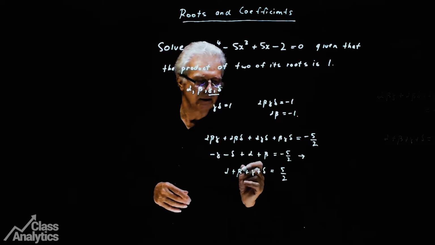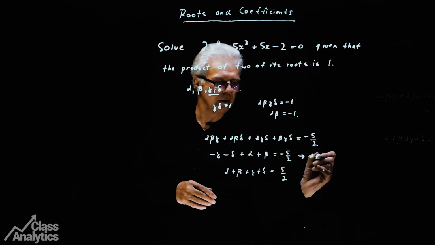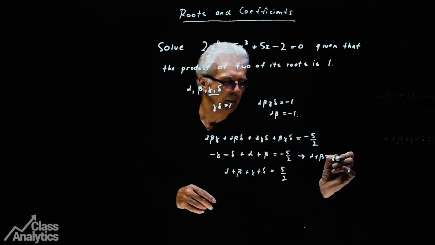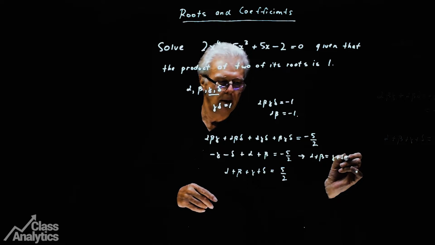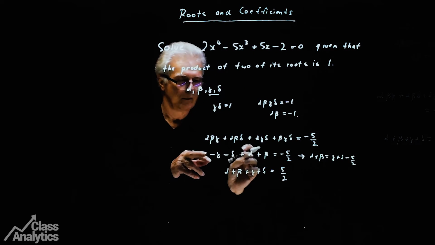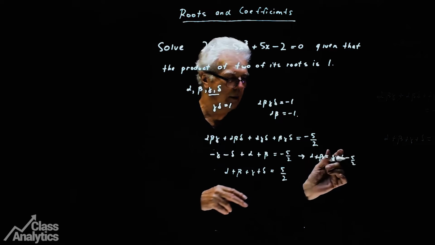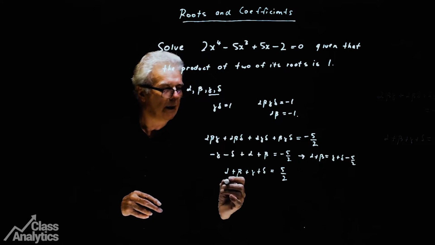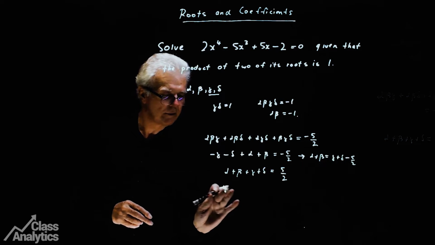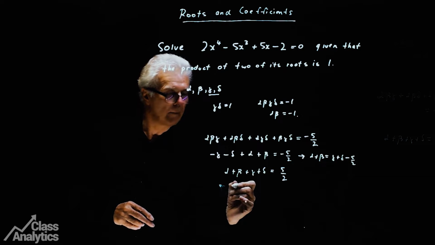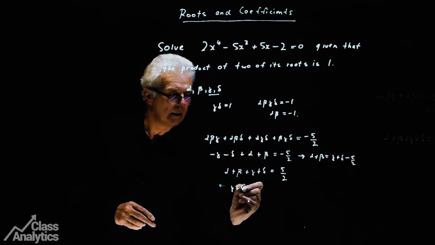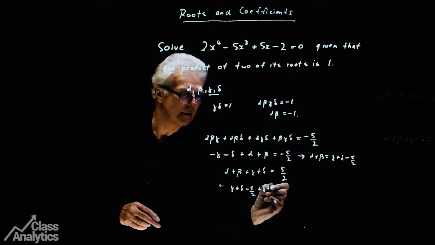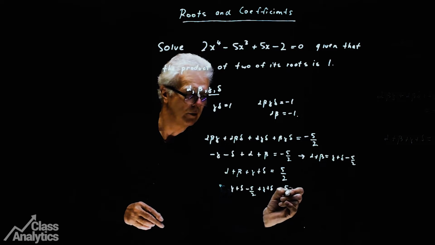Now taking this one over here, I'm going to take these across the other side, so alpha plus beta is equal to gamma plus delta minus 5 over 2. Just keep watching that come across. Yep, that's fine, isn't it? Now I can substitute that in here, and I get gamma plus delta minus 5 on 2 plus gamma plus delta equals 5 on 2.